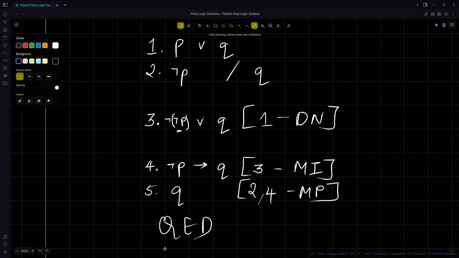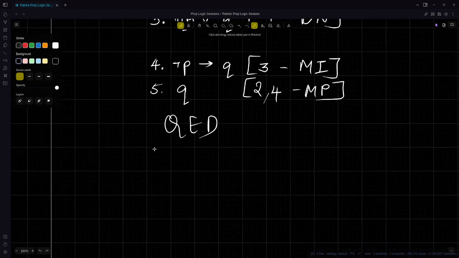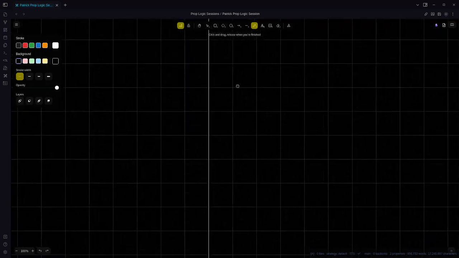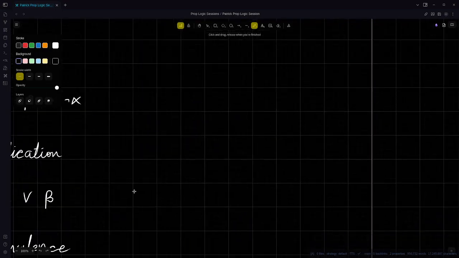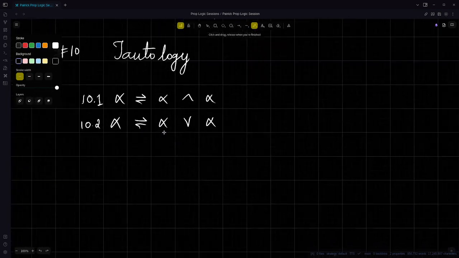Cool. It took some time, but we got there. So before we do more problems, let me introduce to you the concept of different proof strategies.